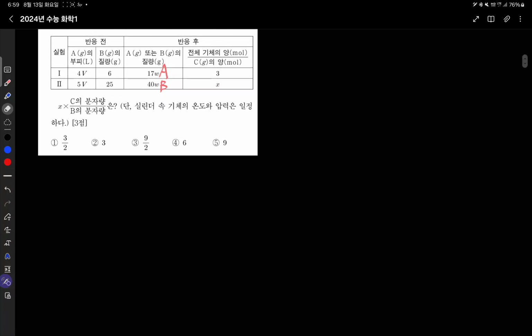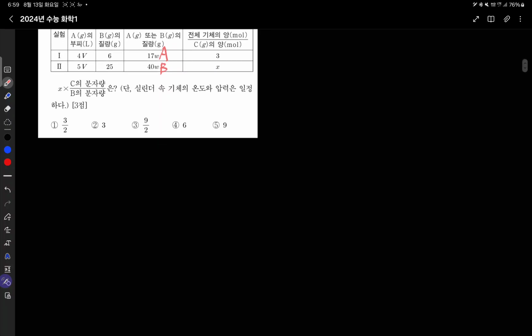So let's make a table for the amount of each substance before and after the experiment.